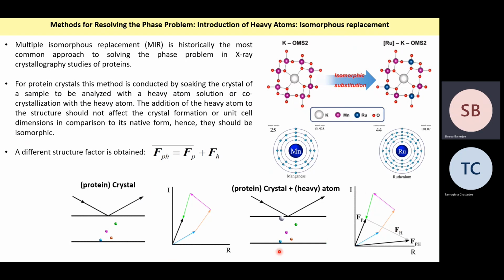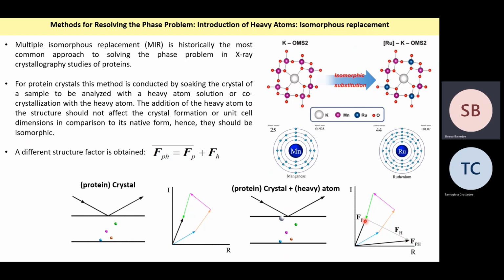Basically, if you see the diffraction pattern from the protein crystal, this is the net amplitude of the diffracted beam. And if you have the diffraction pattern of the co-crystallized protein crystal and heavy atom, you will have two diffracted beams, FP, which is from the protein, and FH, which is from the heavy atom.